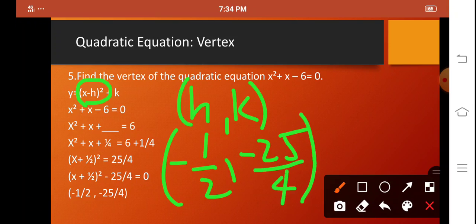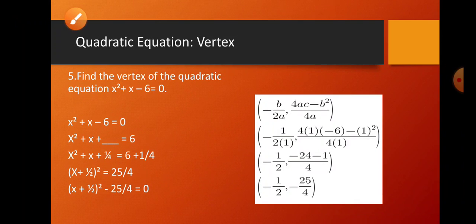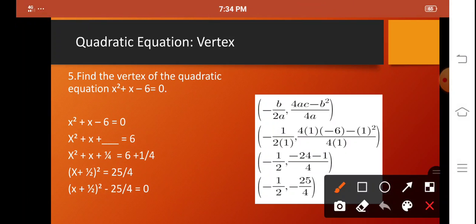We can also make use of, as I have said, a formula. For h, we have negative b over 2a. So we substitute values. B is 1, a is 1 also. So we have negative 1 over 2 times 1, we get negative 1/2.